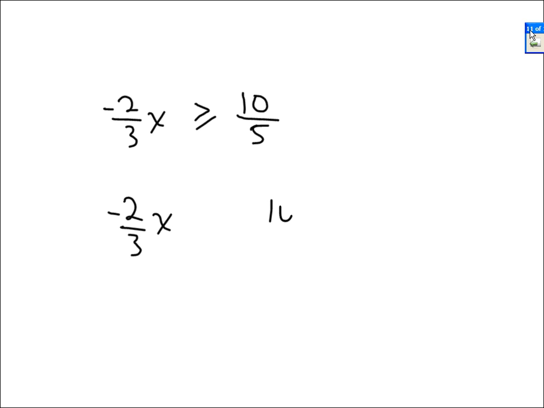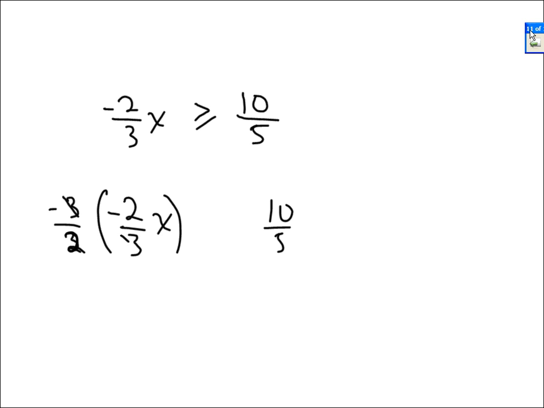If you have negative 2/3 x is greater than or equal to 10 over 5, well, you want to get rid of the negative 2 and the 3. You're going to multiply by negative 3 over 2.